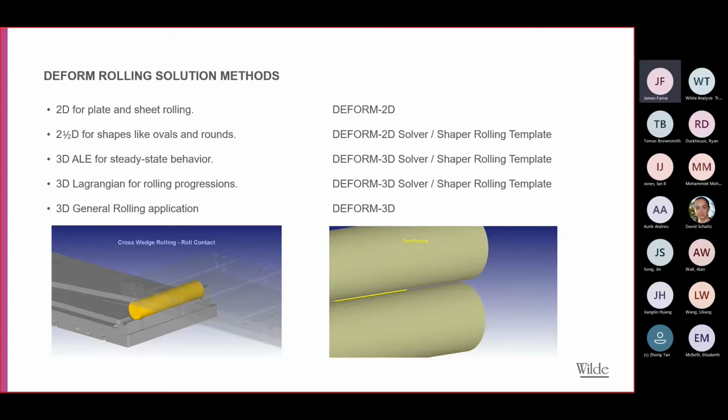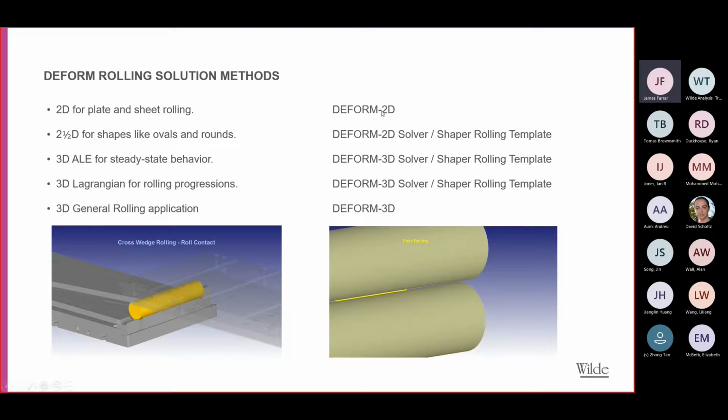For that one, we use the shape rolling template with the DEFORM 2D solver. We have a 3D Lagrangian and 3D ALE processes for looking at steady state and continuous rolling progressions, again in the shape rolling template.